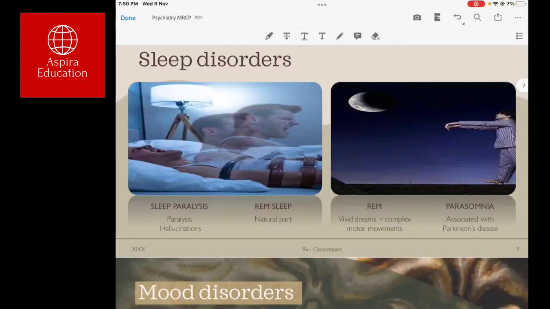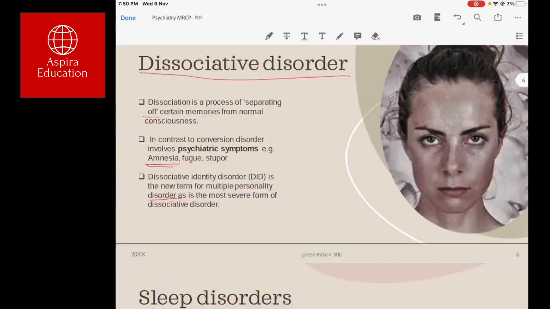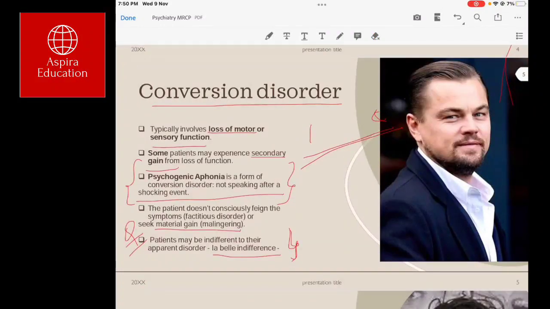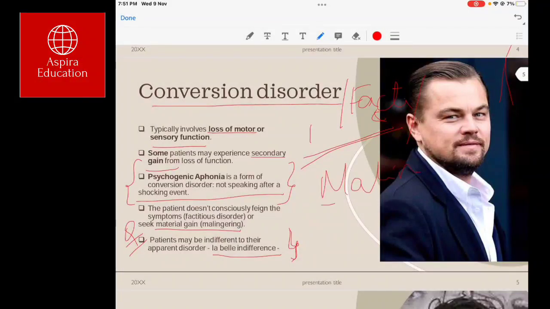And always remember, they'll always try to confuse you between conversion disorder, factitious disorder and malingering. As I told you, you should be able to differentiate. Malingering has primary gains, but conversion disorder has secondary gains.